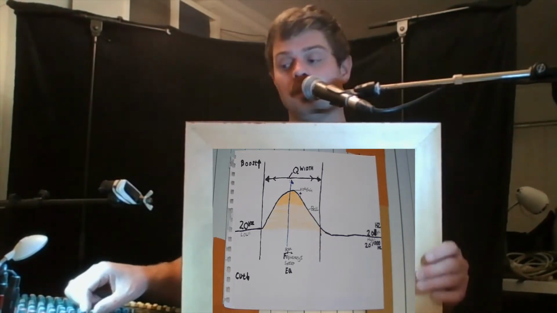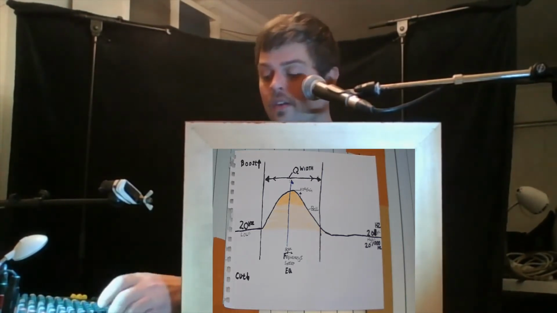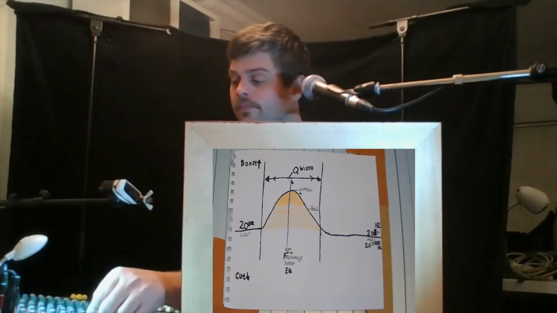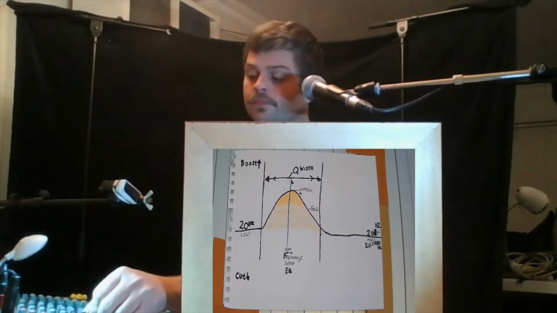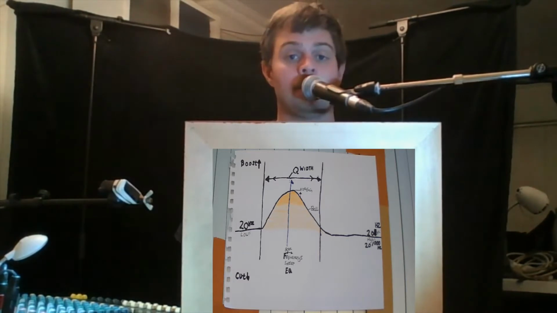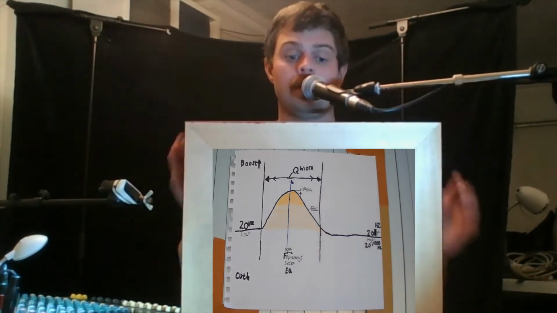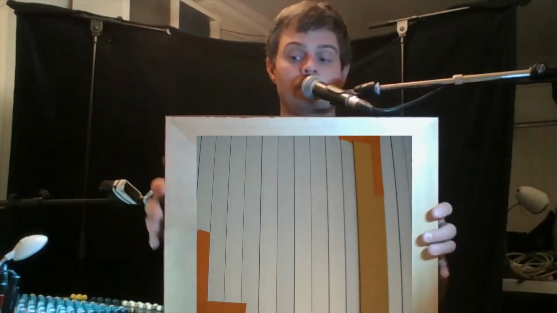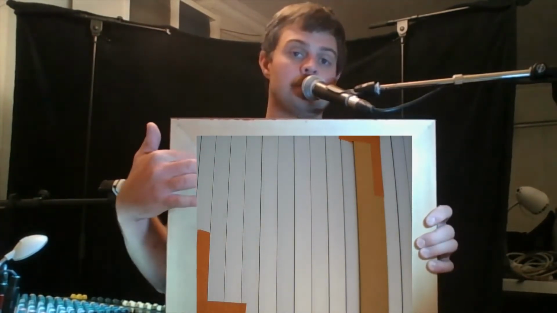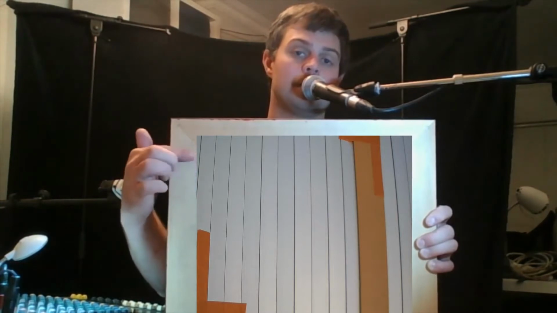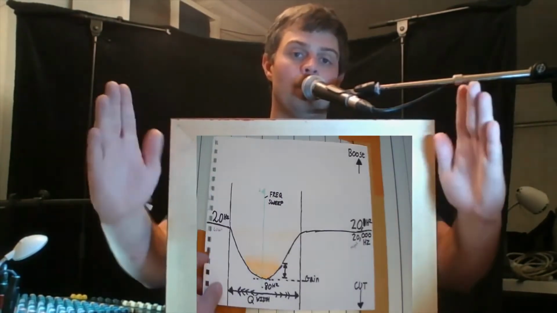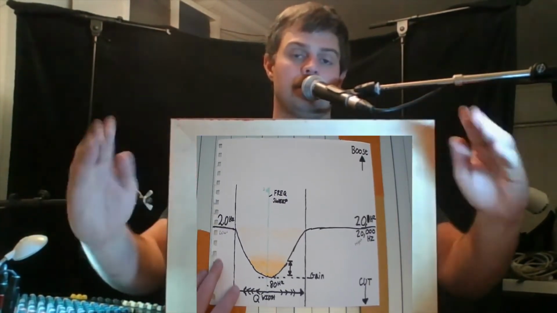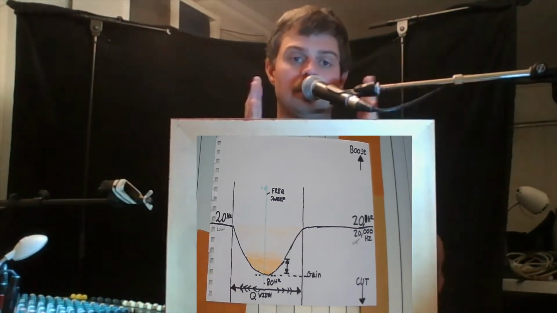You've got no real control over the Q, which is the shape. The Q is, I think, the width.